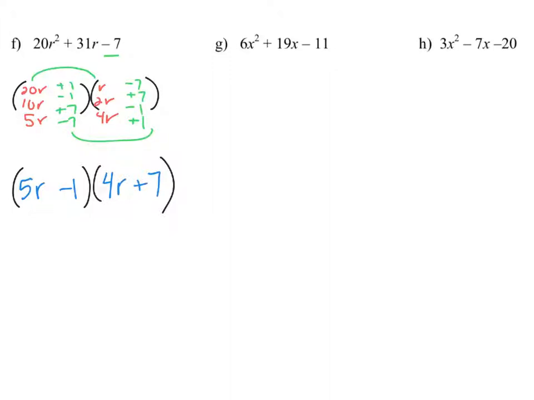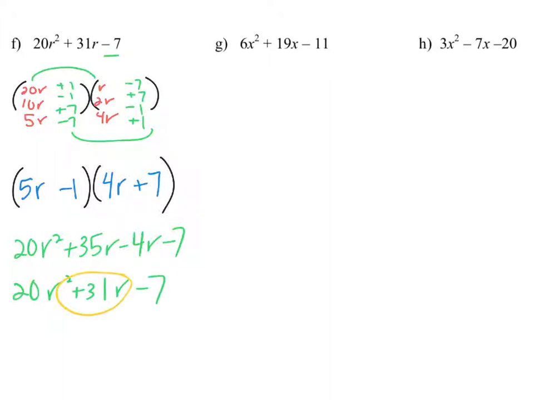Using FOIL, 5r times 4r is 20r squared. 5r times the plus 7 is a plus 35r, and then minus 4r minus 7. By combining the middle terms, you can see that we do get that 31r minus 7. That's really an important part here, that you want to make sure that the middle term is correct. So the answer, the factored form of that trinomial, is the factor 5r minus 1 times the factor 4r plus 7.